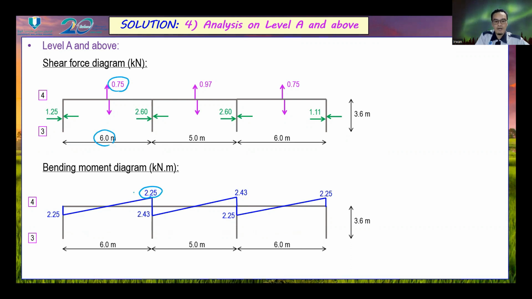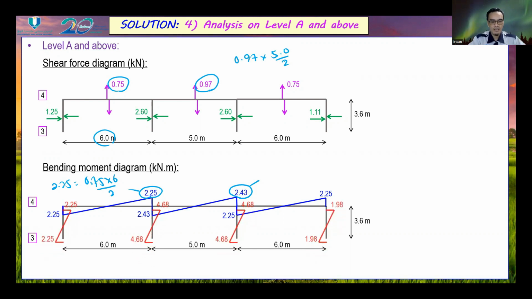So 2.25 is equal to 0.75 times the distance, divided by 2. Let's say 2.43 is equal to 0.97 times 5.0 divided by 2.